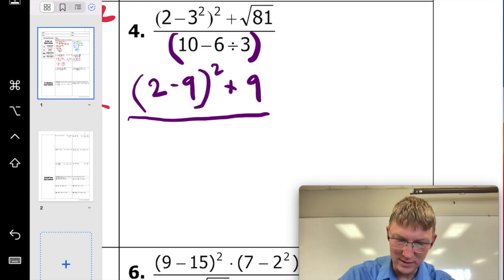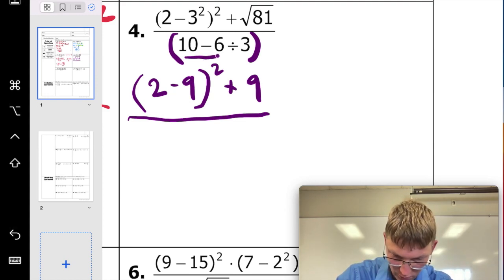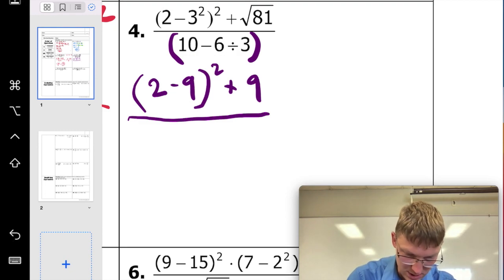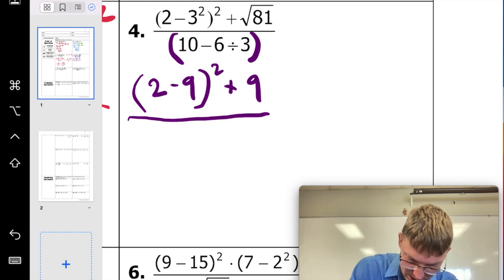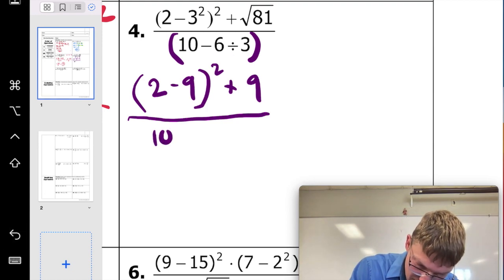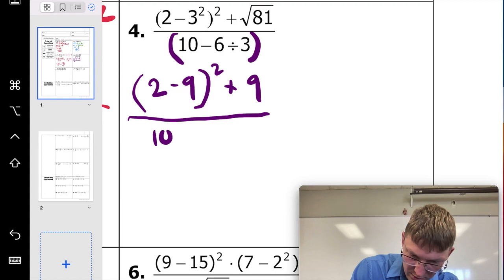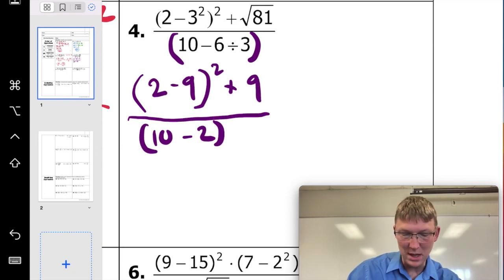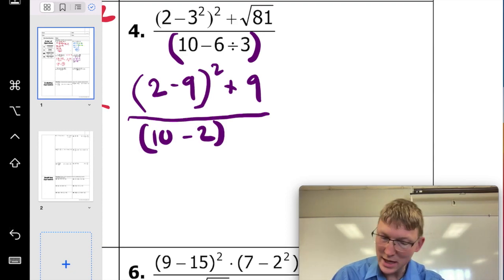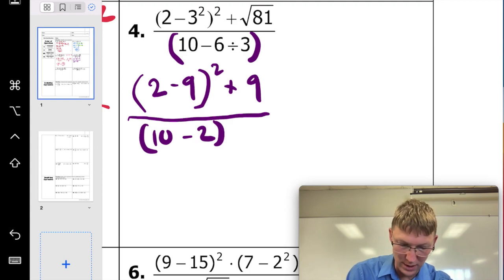It helps me because then I can just ask, inside of this grouping, what should I do? We've got a 6 divided by 3, so we're going to do that first. So then we've got 10. 6 divided by 3 is 2, right? 10 minus 2. And I'm just going to put parentheses in there because it makes me happy. I'm not changing anything. It just helps my brain a little bit.